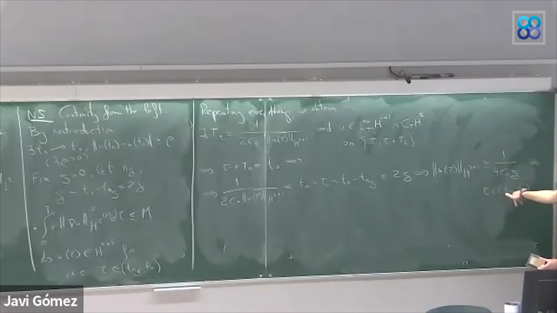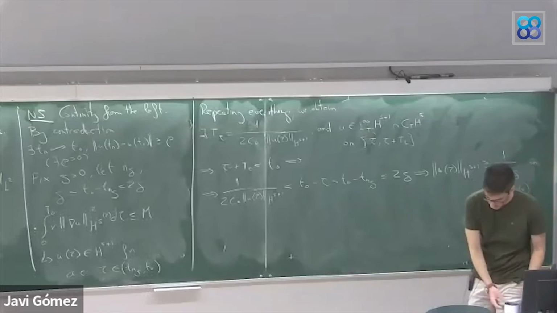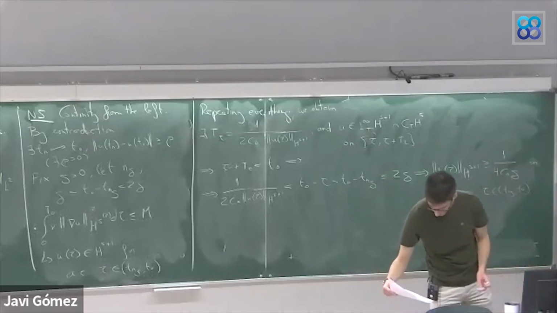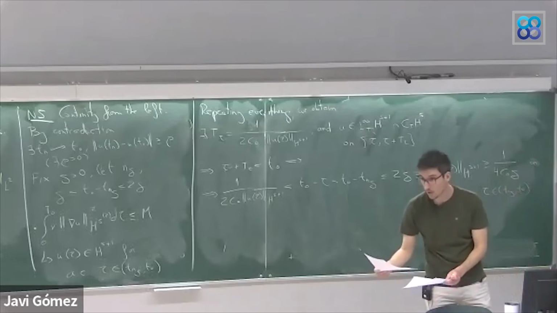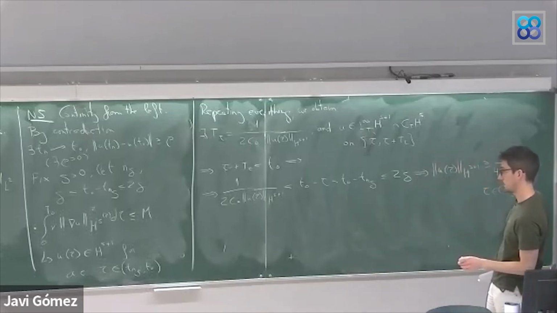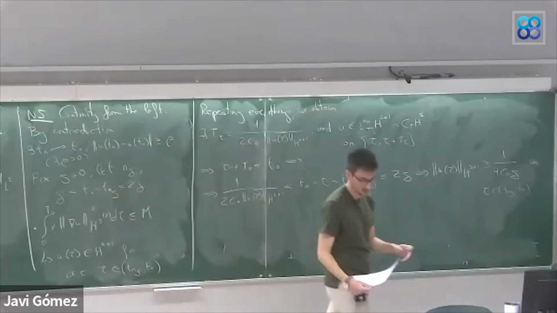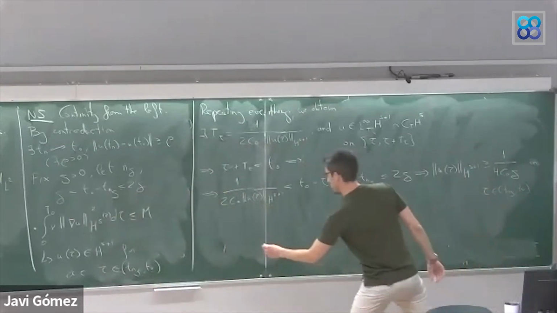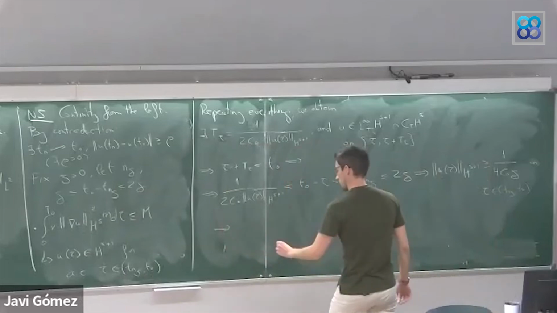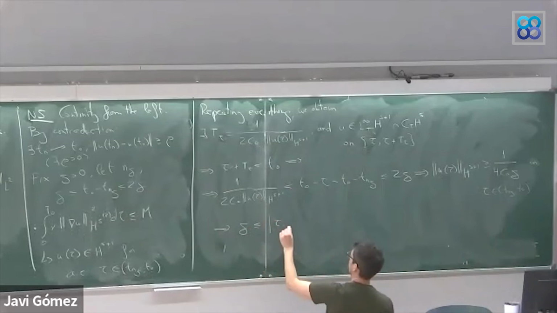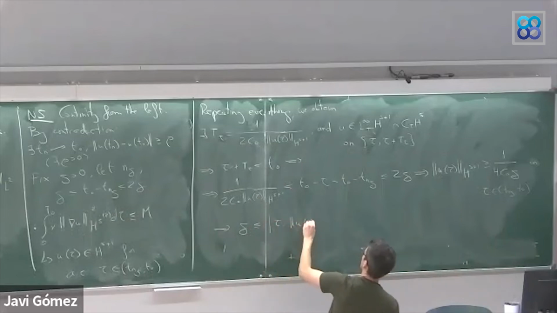We know that this interval has length less than delta. So let me check exactly. This is bigger than delta. Yes. So delta is smaller than the measure of the set of taus for which the inequality holds.